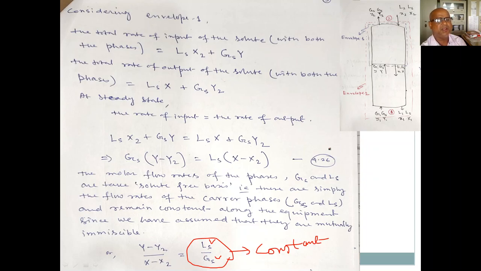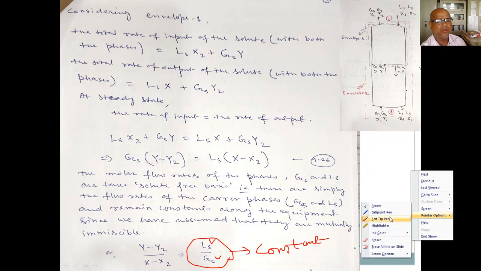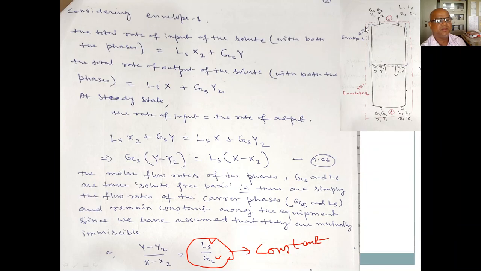Now if I consider the material balance for the whole equipment, this will be the same, and here instead of Y it will be Y1, and instead of X it will be X1, isn't it?